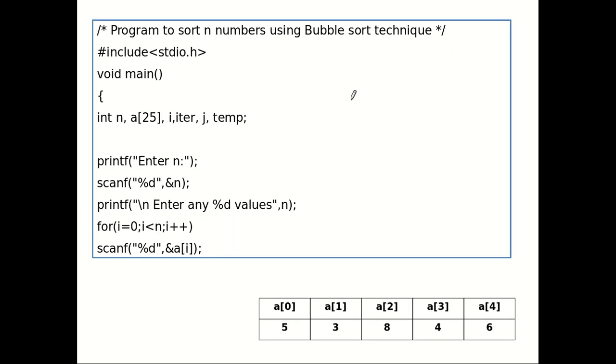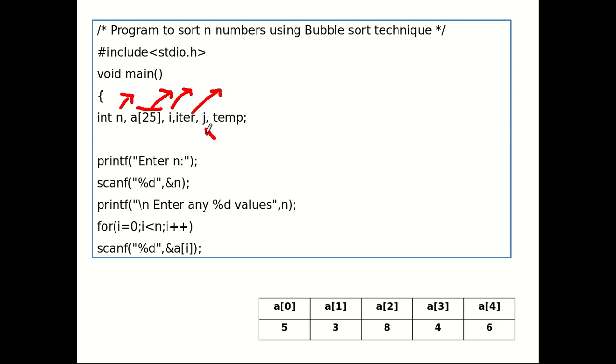So let us implement a program. We have declared a variable n to decide how many elements we want to sort. This is an array of size 25, so a maximum of 25 elements we can store. This is used to point to the array locations, and this indicates how many iterations have to be continued.